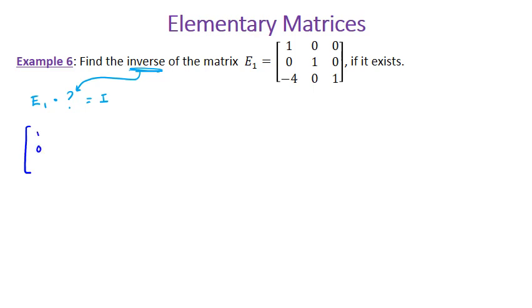E1 is this matrix, and we need to multiply it by some matrix, which is going to be the inverse, and that needs to equal the identity matrix.